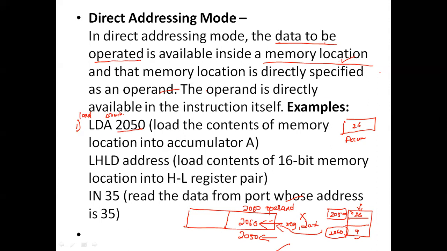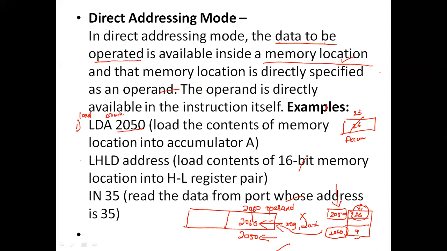Now when I have specified load accumulator 2050, what is the data available in 2050? The data available in 2050 is 23. Now the accumulator is loaded with 23. This is overwritten with 23. So that is load accumulator directly. Directly we are specifying the address where the data is present.